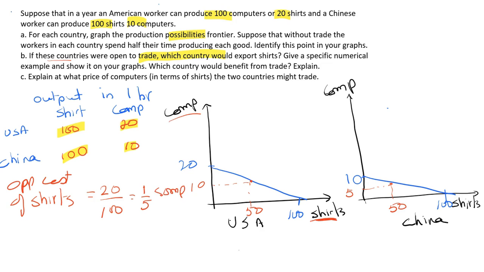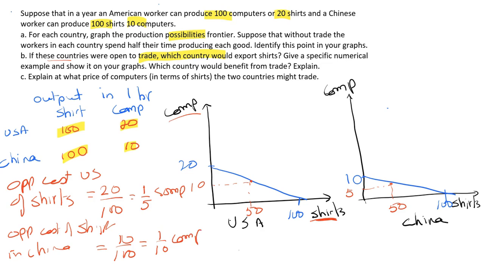Similarly, the opportunity cost in China is again the rise over run of their PPF slope, which would be 10 over 100, which is 1/10 computer.